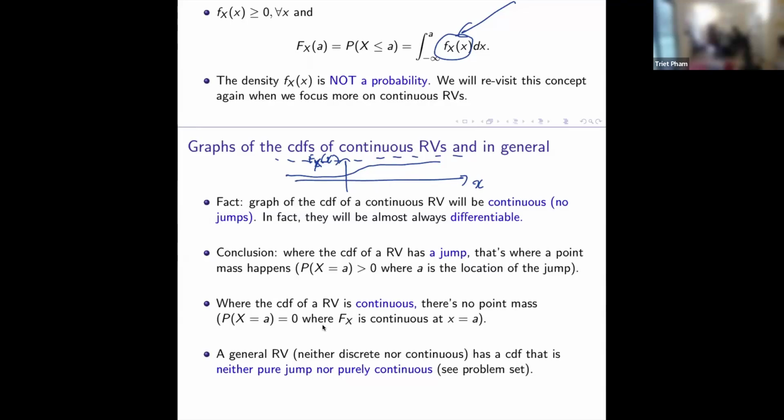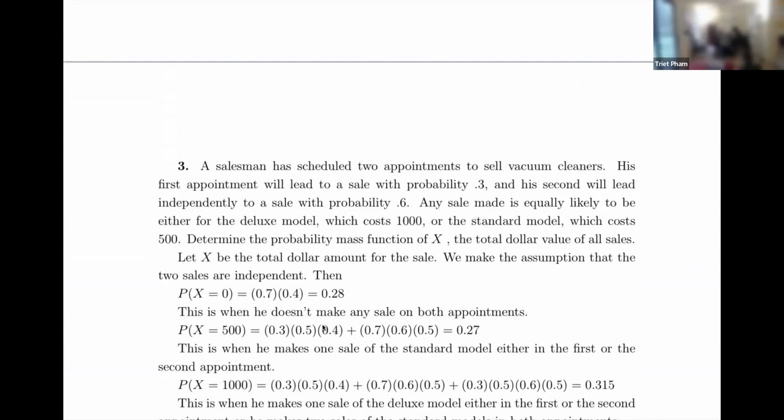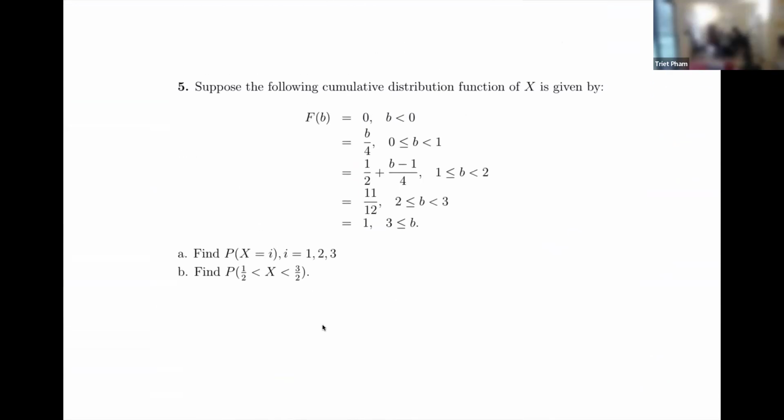All right. So let's take a look at this question number 5. In this question, you're given a CDF, which is described as a piecewise function.